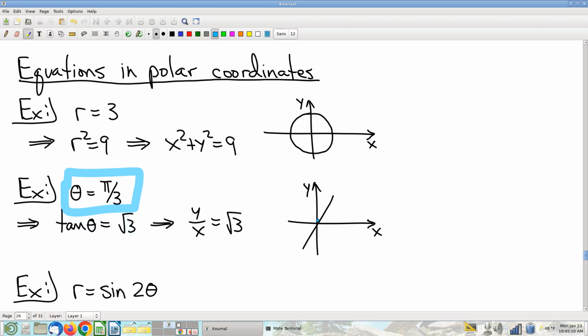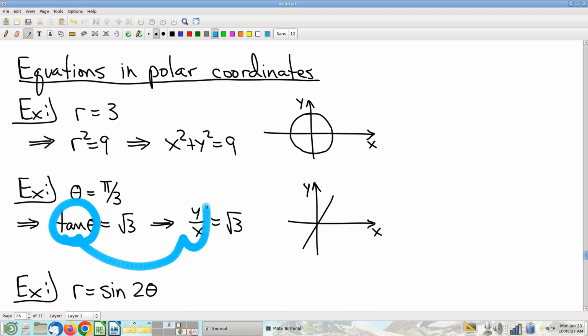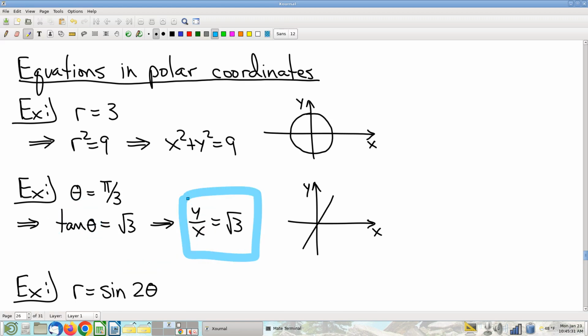But again, if you didn't happen to notice, you can do algebra to turn the equation that you have into an equation that's easily converted. So here I'm going to take the tangent of both sides. Having taken the tangent of both sides, this immediately turns into y over x, and then I get again a familiar high school algebra equation and line.